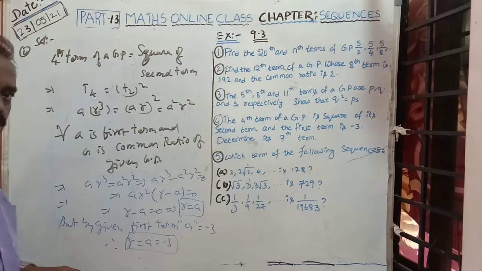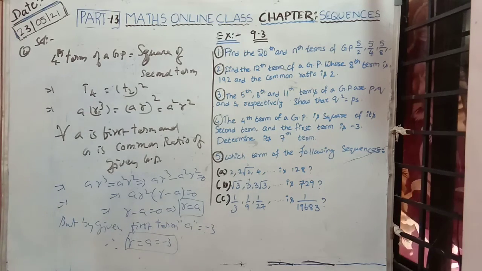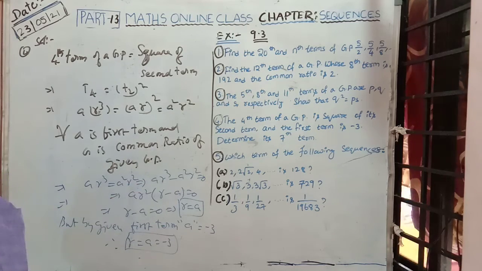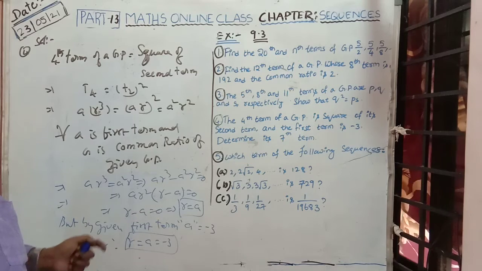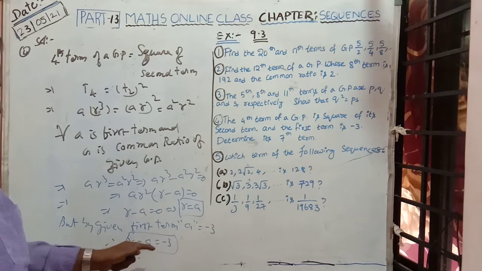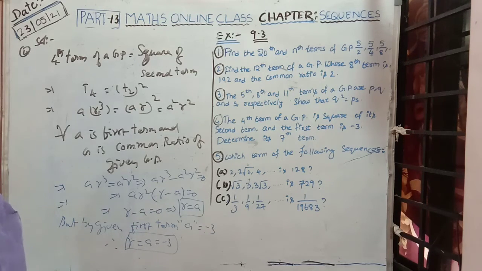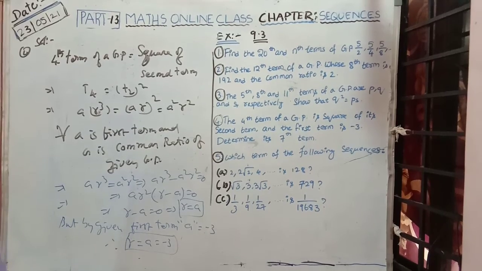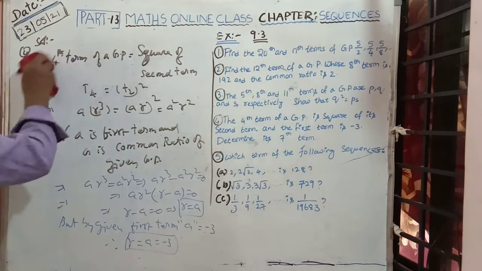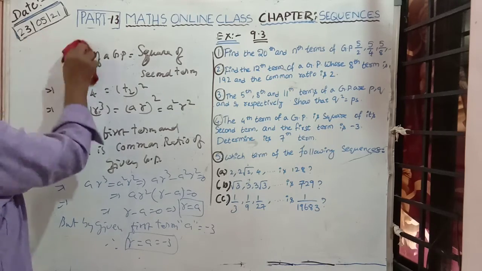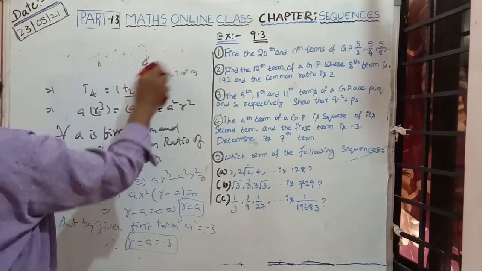Both common ratio and first term are minus 3. Okay? So here in the GP, A is minus 3, R is also minus 3. Then what do we have to find? Determine the seventh term. We are asked to find the seventh term.